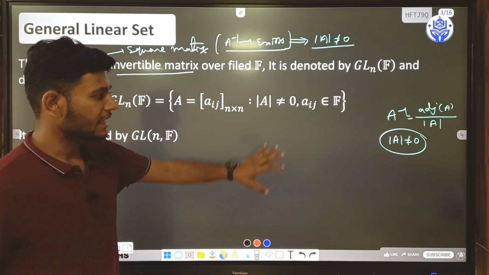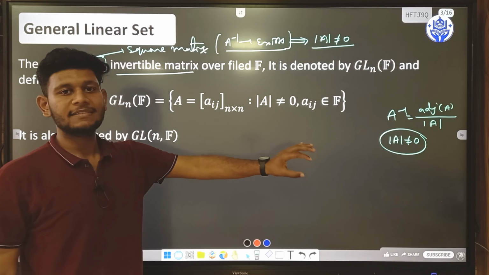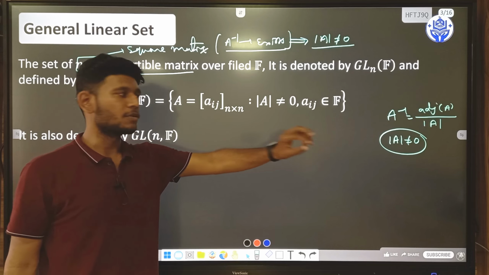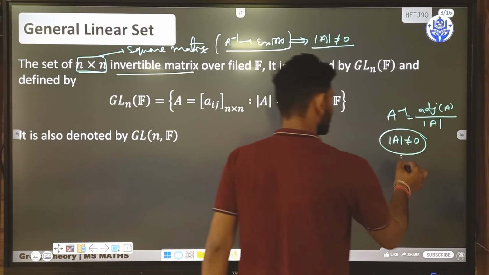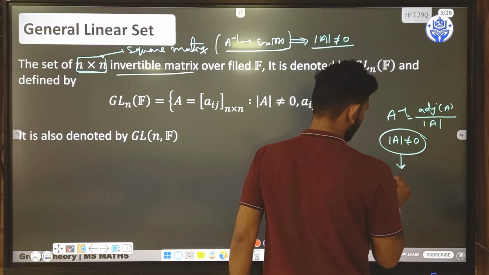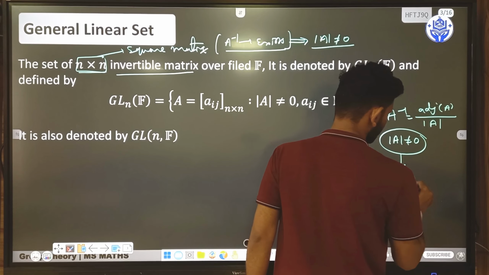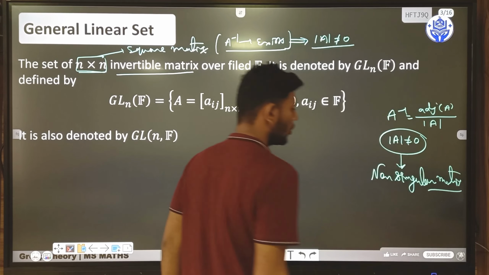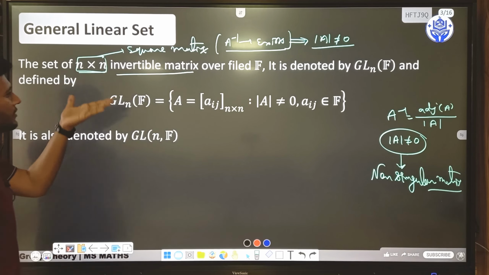So I can consider all those matrices in this set whose determinant is non-zero, or we can also say this is the collection of all non-singular matrices. I can define this set like this.